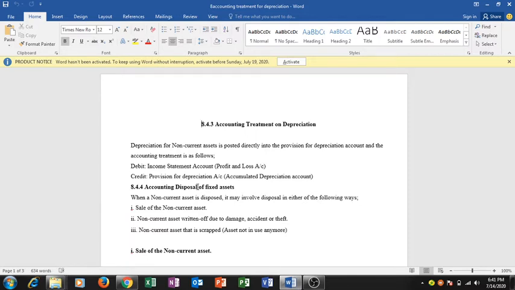The asset is going to be disposed in three ways. Either the business has sold the fixed asset. Note that the fixed asset is also known as the non-current asset. I hope you have not forgotten that.